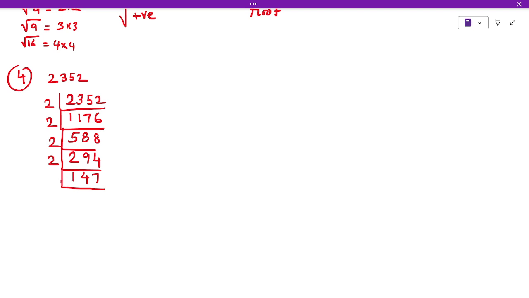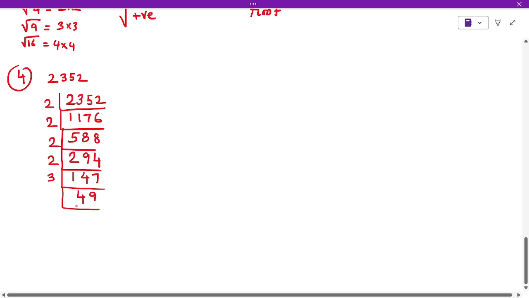What is the next prime number? 3. Let us see whether it is divisible by 3 or not. It is divisible by 3. Why? So 3 4s are 12, and 2 left, right? 2 and 27. So 3 9s are 27. Now it is again an odd number. So will it be divisible by 3? No, right? So then we have 7.